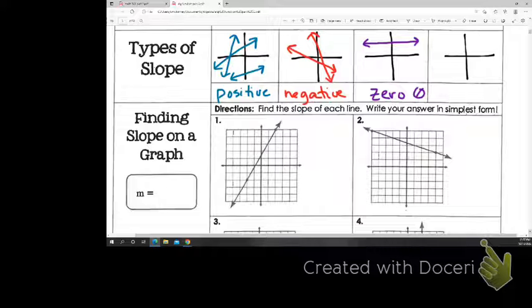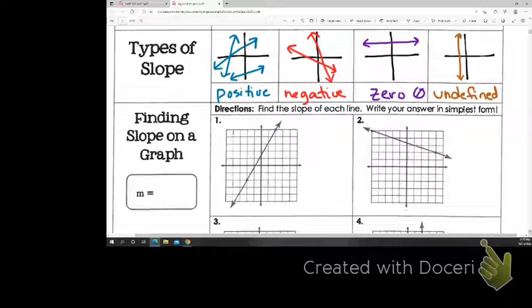And then if I have a vertical line, straight up and down, then we call that slope, we say that it is undefined. I think of that as being like it is so steep, I cannot even describe how steep it is.